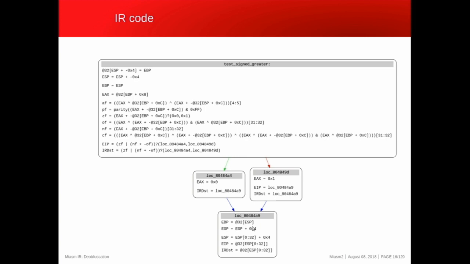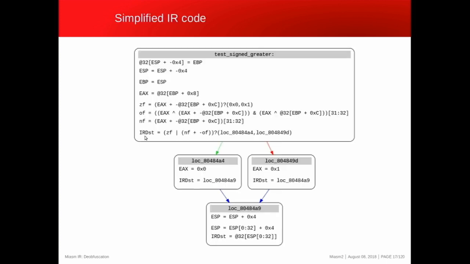So the computation of the carry flag here is not used anymore. So in its parents, it's not used anymore here. And so you can see that this computation is not needed here, so we can remove it. If we pass this simplification here, we will have this code, which is a bit simpler to read.